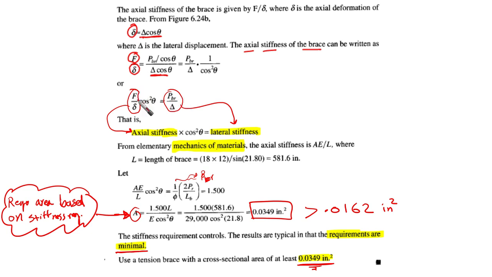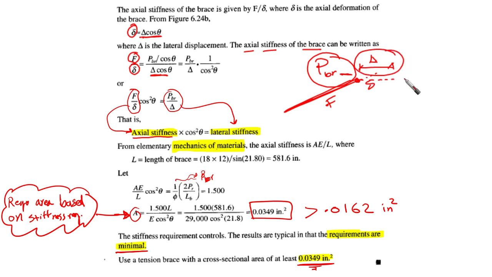If you look at this, this is F, this is delta, so this is the axial stiffness. And if you look at this point here, when it moves, this is going to be delta, and the force, which we call P BR, is the force in this direction. So force in the horizontal direction over delta in the horizontal direction gives us lateral stiffness.